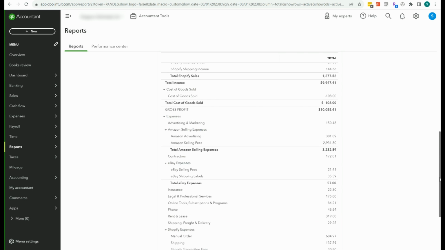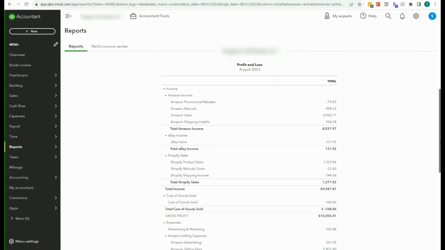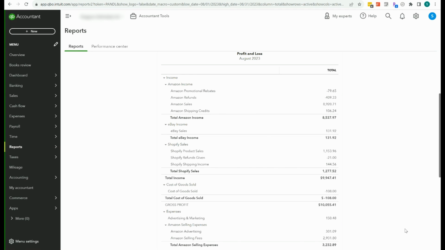But of course, when you run a business, you have other expenses and fees as well. So that is what is captured in the other lines of this report. But for our purposes today, we're just going over how to handle those Amazon deposits.